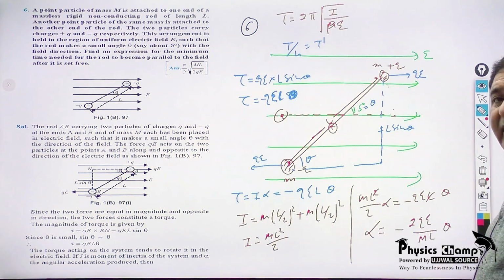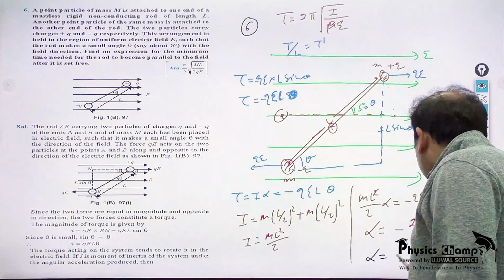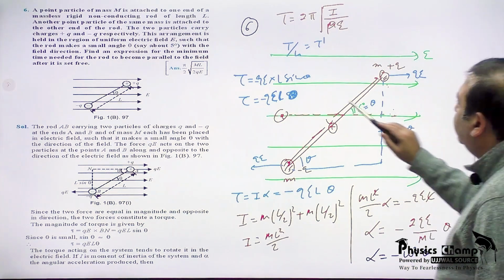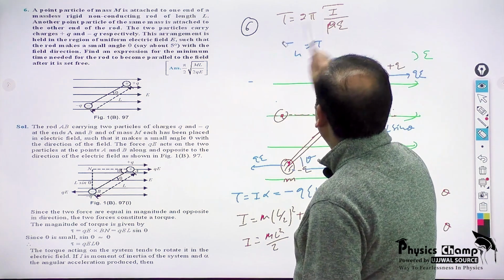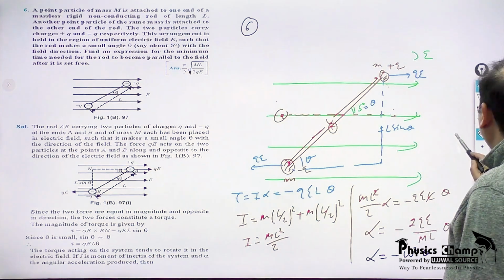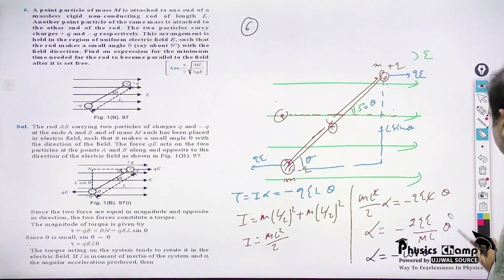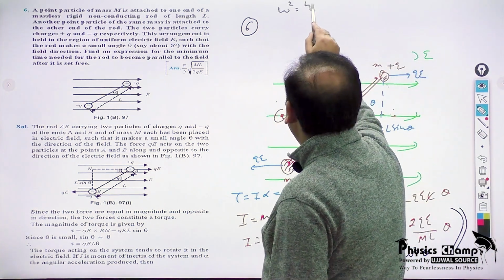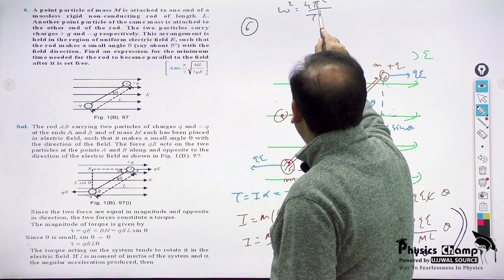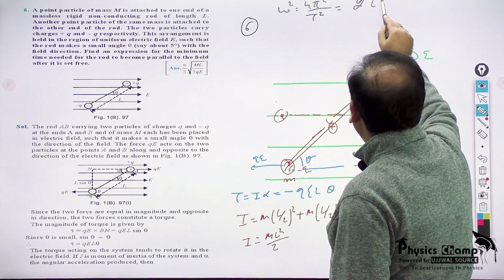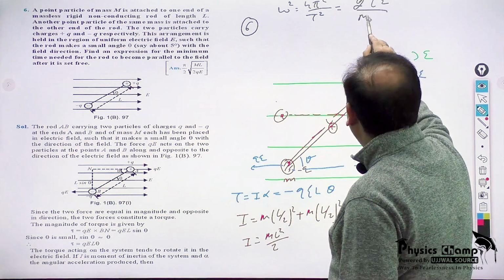And what is the standard equation of simple harmonic motion? Alpha is minus omega square into theta. If I compare these two equations, we can say omega square or 4 pi square by T square is actually 2qE by mL.